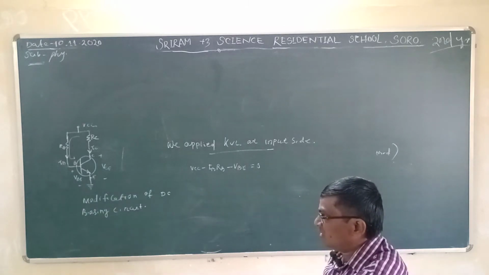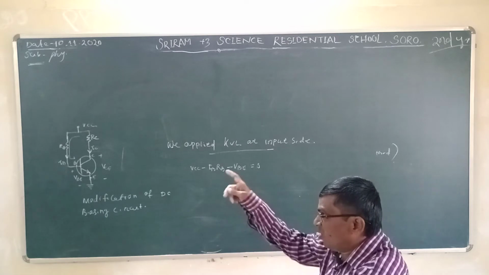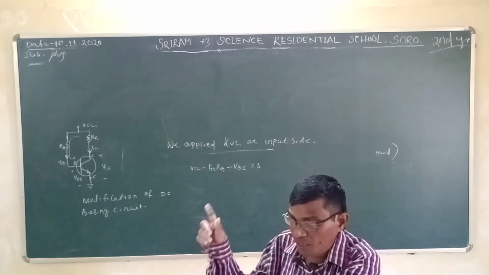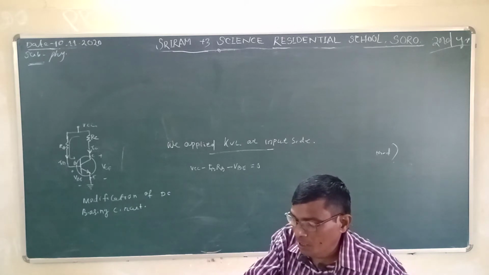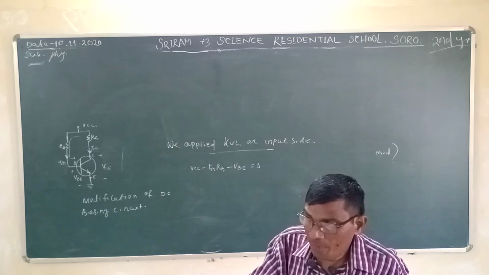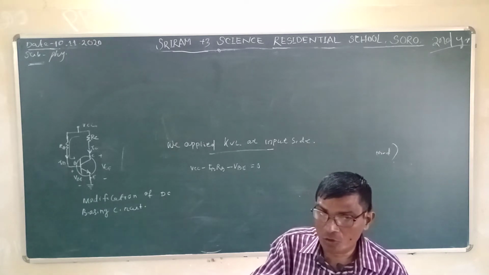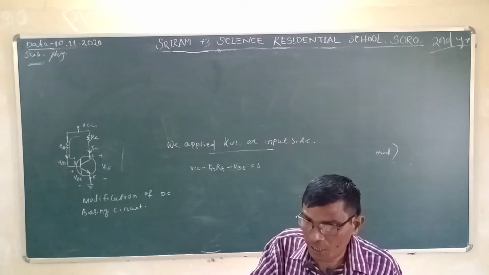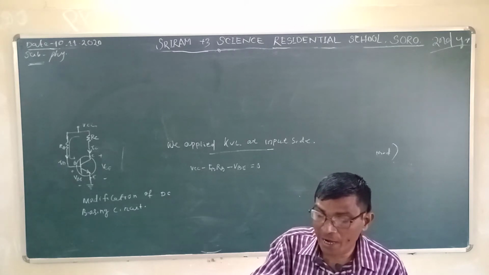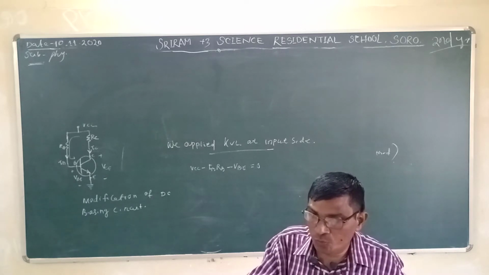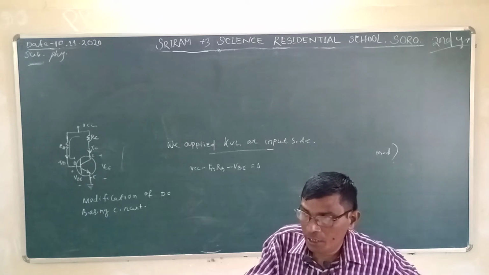From this diagram, according to Kirchhoff's voltage law, when we apply the voltage VCC, current starts at the base terminal and current starts at the output side, that is the collector current.